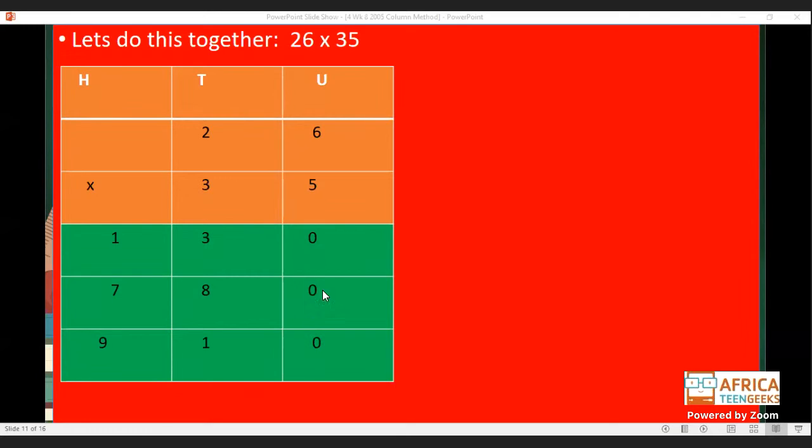Always, Zoe. If it's an 8, it means it's an 80. If it's a 7, it means it's a 70. So we must put down the 0, and then after putting down the 0, you say 3 times 6. And what is 3 times 6?